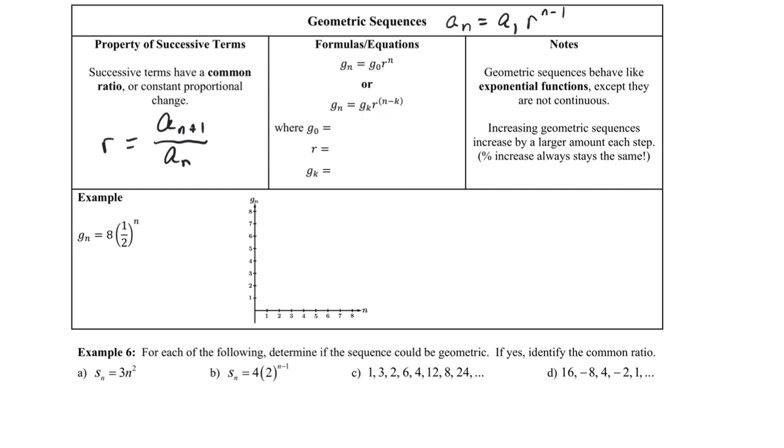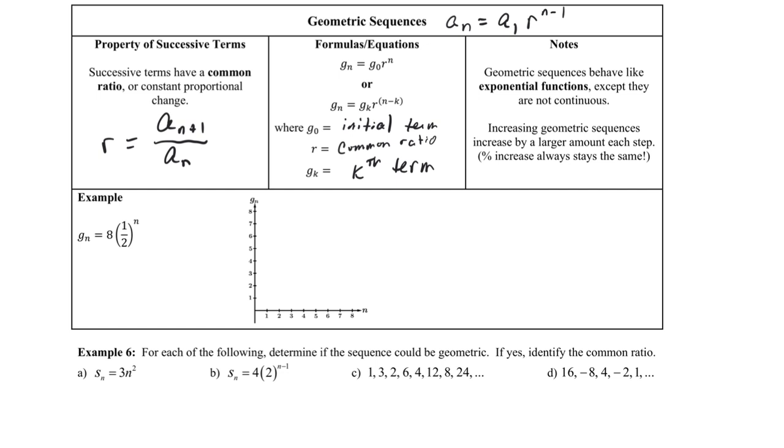So that means we can start wherever we want to. So this is what we're going to use this year, okay? So just like the last one, g sub 0 would be our initial term. This is the common ratio. And just like the last one, it's the kth term, okay?